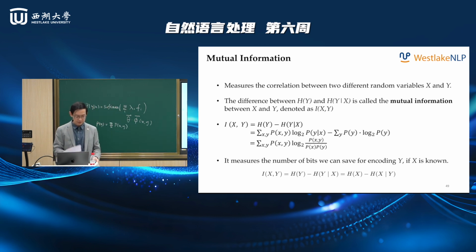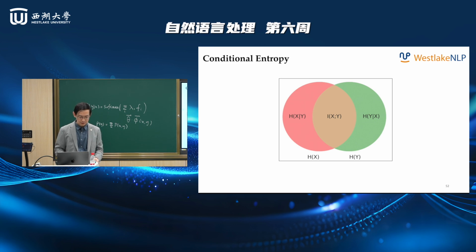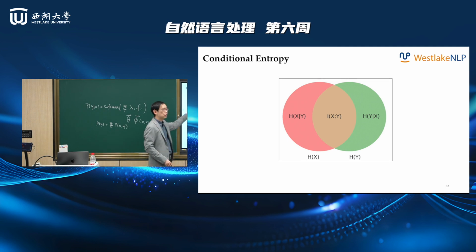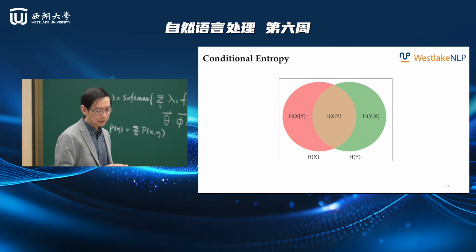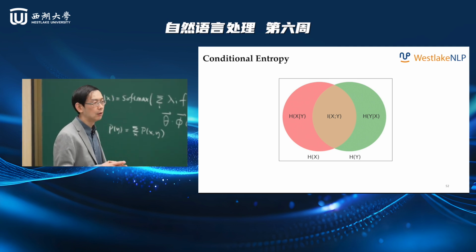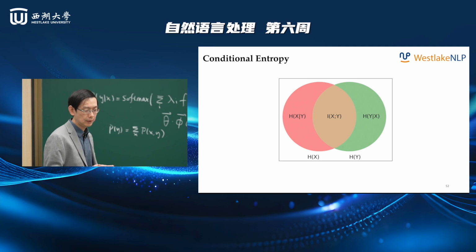And also we can draw that conclusion in this figure. Okay. So the red circle is the number of bits you encode x. The green circle is the number of bits you need to encode y, or the entropy.